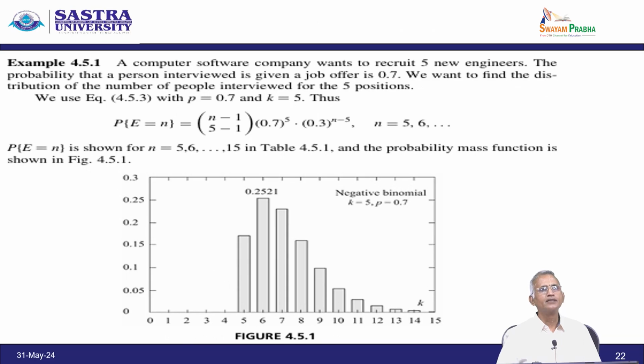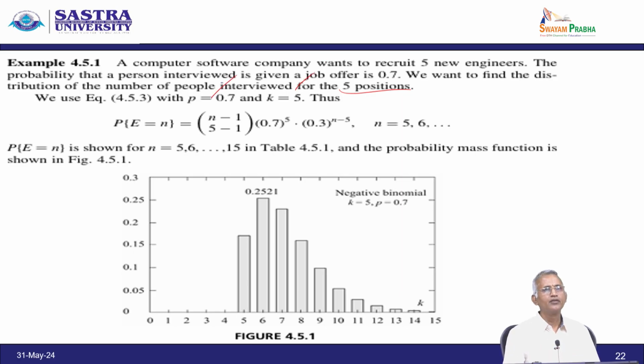Now, we have an example. A computer software company wants to recruit 5 new engineers. The probability that a person interviewed is given a job offer is 0.7. We want to find the distribution of the number of people interviewed for the 5 positions. According to the equation, p equal to 0.7 and k equal to 5.